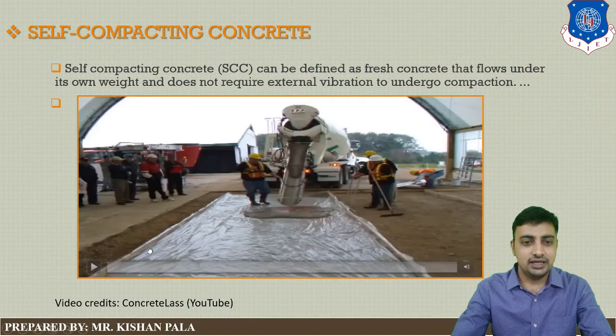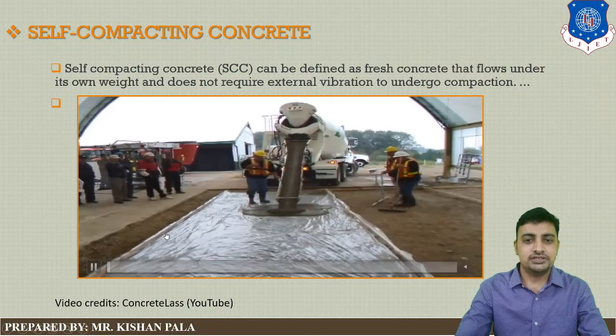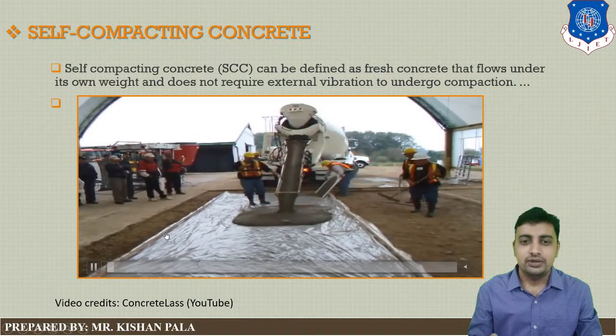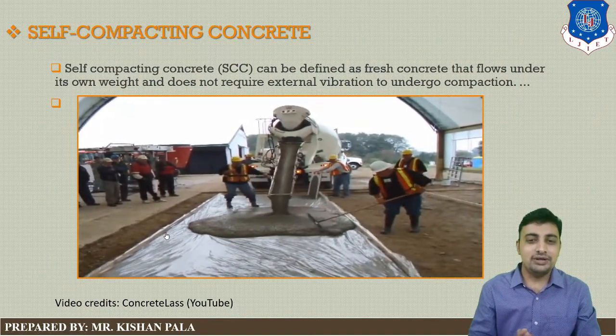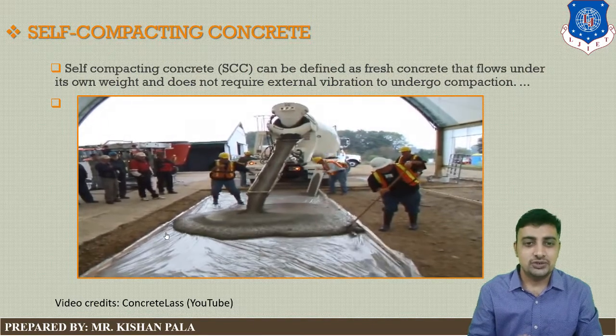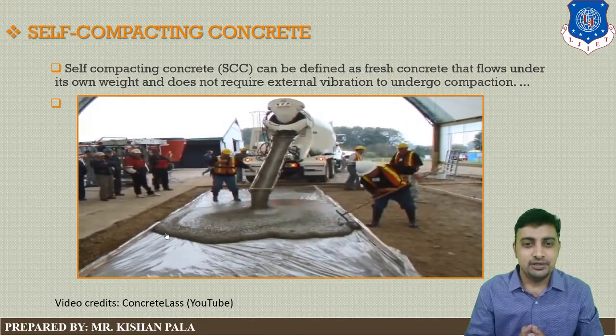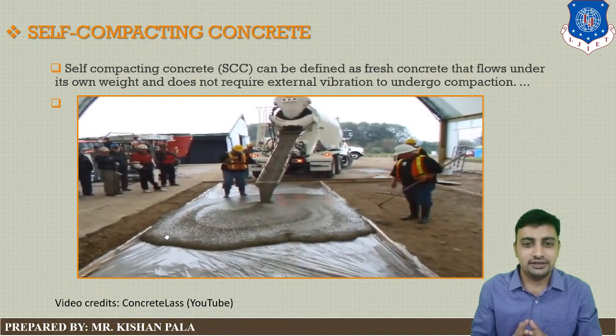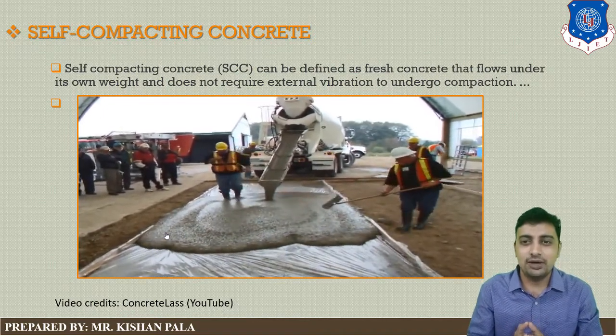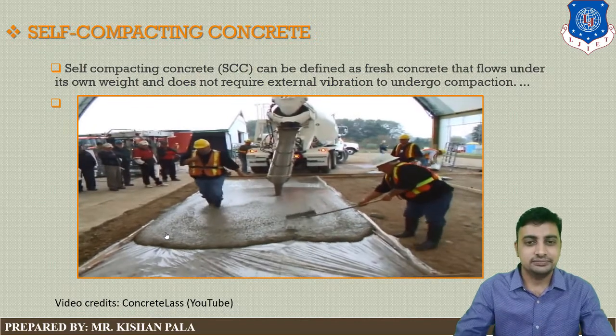You can see in this video, it is able to flow into each and every part of the formwork without any compaction. So you can see in the video, self-compacting concrete is a flowable concrete. There is no requirement of compaction.